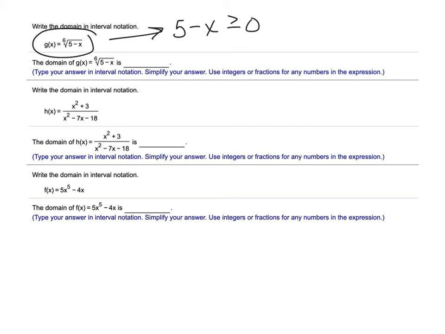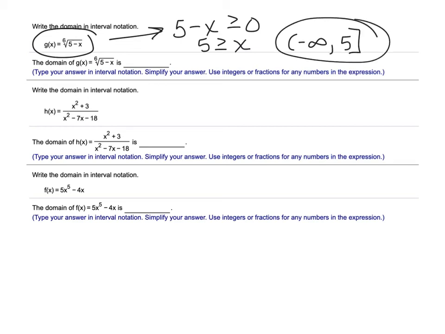If I added x to the other side, I would get x is less than or equal to 5. In interval notation, that is everything less than or equal to 5. Do not forget the bracket. That represents equal to, because it can be equal to 0. It just can't be less than. All right, so that's the first one.